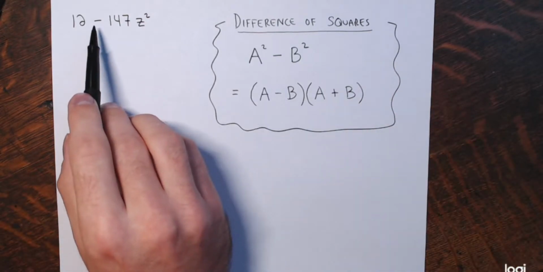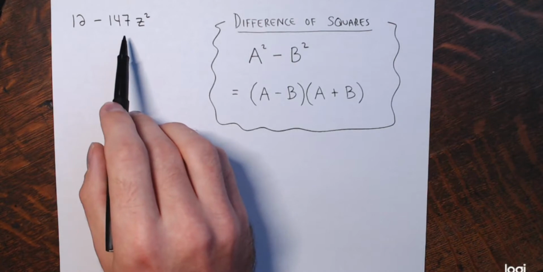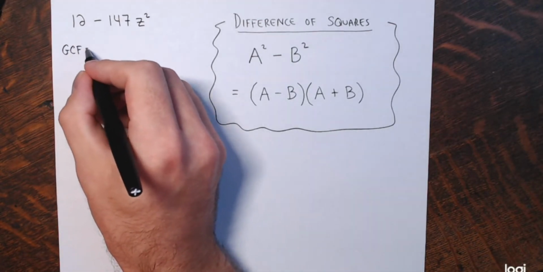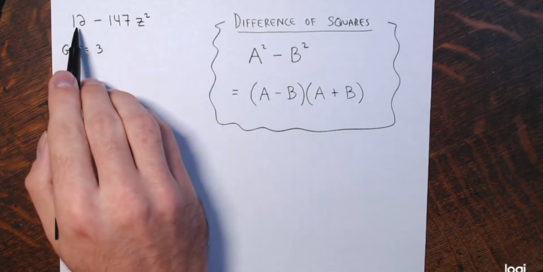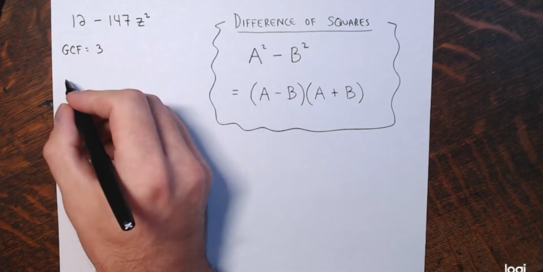So here I do have a difference. Now, first thing is you look for common factors. These two terms do have a greatest common factor of 3. 3 goes into 12 evenly, 3 goes into 147 evenly. So first I'll pull that out.